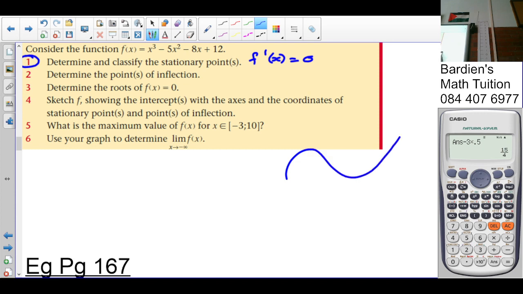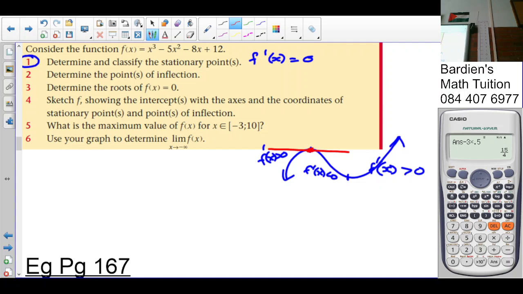Remember when we drew this graph here, we said at this point f prime x will be greater than 0, positive. From there to there, f prime x will be negative. From there onwards, f prime x will be greater than 0 again. Not so? So what happens at the turning point? The polarity swaps from negative to positive gradients.